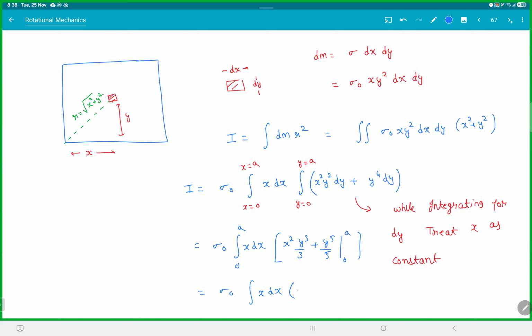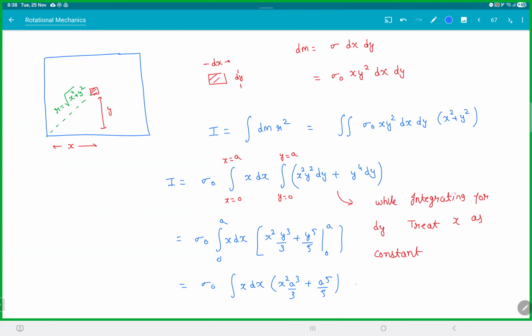That will be x square a cube by 3 plus a power 5 by 5. Now integrate this again. That would be sigma naught integral x cube dx a cube by 3 plus a power 5 by 5 integral x dx, 0 to a and 0 to a.